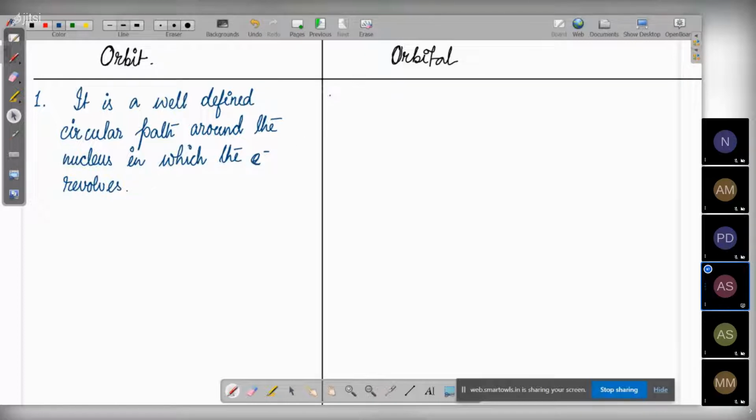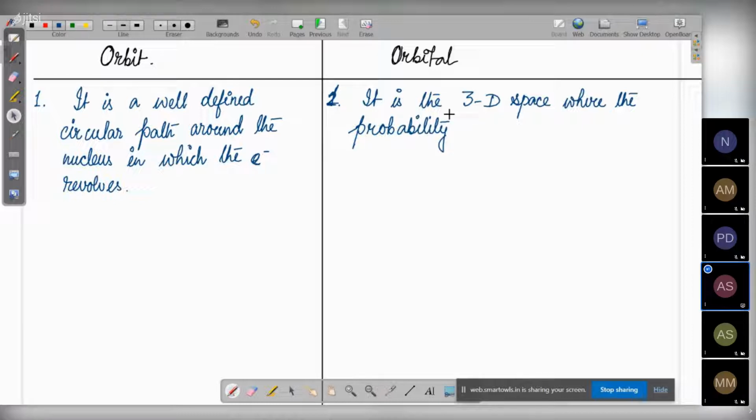Whereas what is an orbital? It is a three-dimensional space where the probability of finding the electron is maximum.